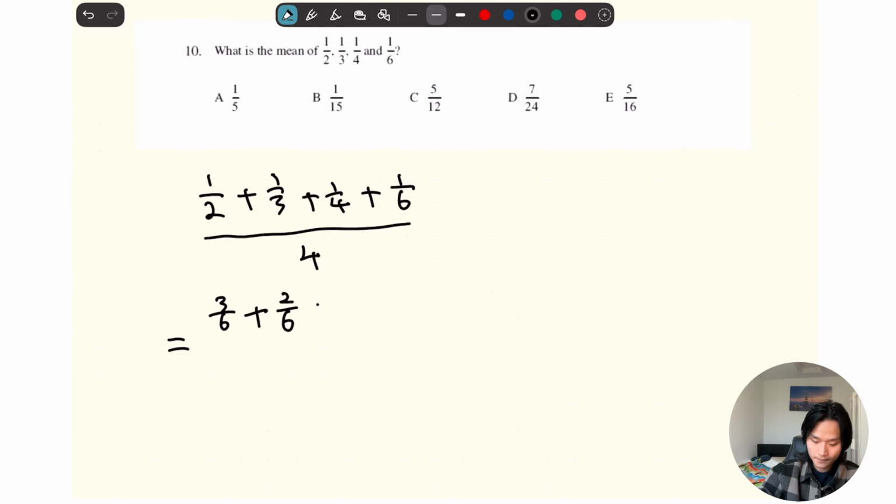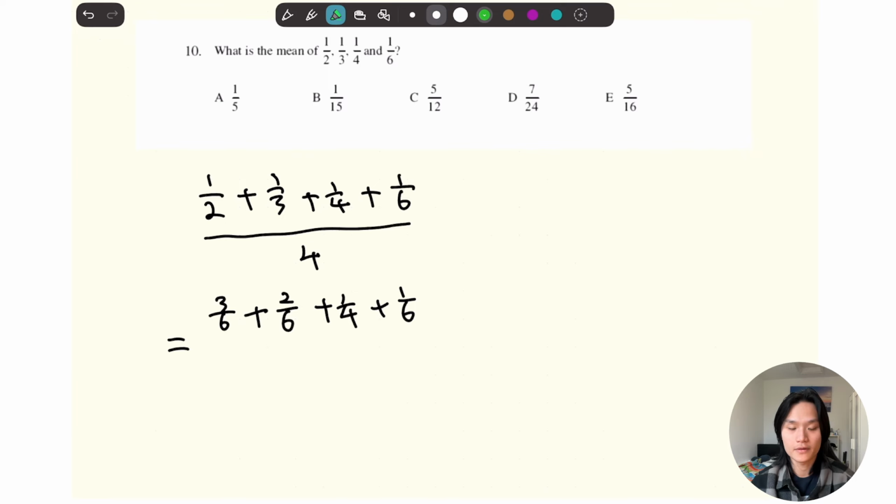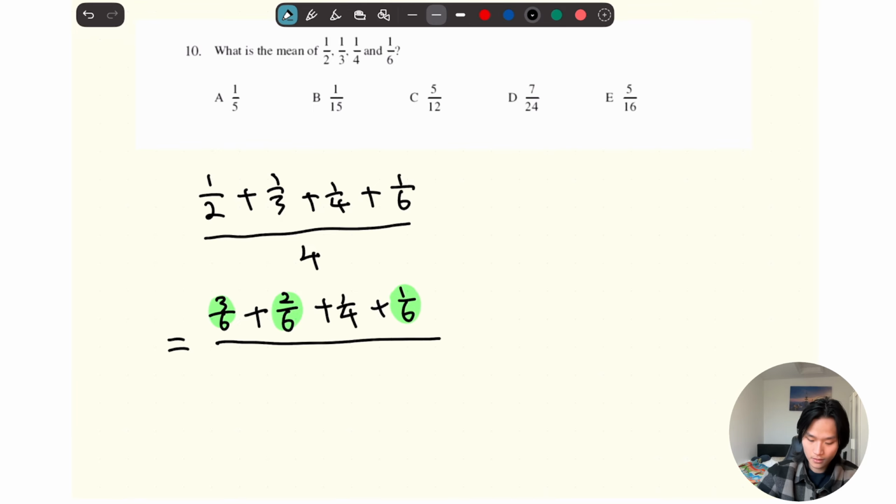So we have a quarter and then a sixth. So now notice here, we already have 3 fractions where the denominator are the same. 3 divided by 6, 2 divided by 6, and 1 divided by 6. And that all divided by 4.